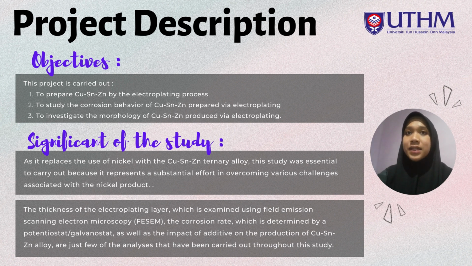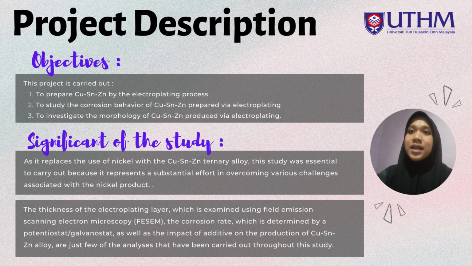This study is significant as the aim of this study is to substitute the usage of nickel in the copper tincing ternary alloy. Various analyses have been conducted throughout this study, including surface morphology and composition analysis using scanning electron microscope (SEM) and energy dispersive X-ray (EDS).